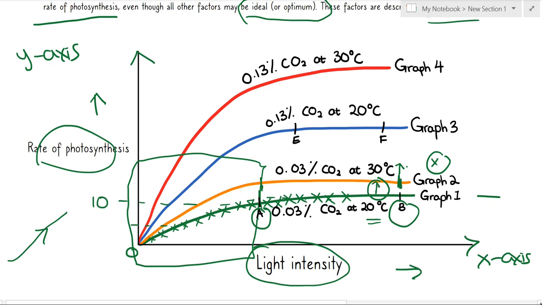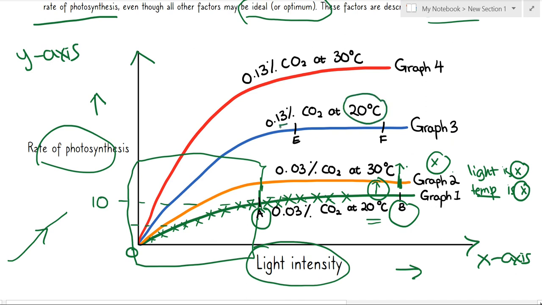So at point A and point B, what we can conclude is that light is not the limiting factor. Temperature is also not a limiting factor because the increase wasn't that big. Now we are going to increase the carbon dioxide this time, but keep the temperature constant.